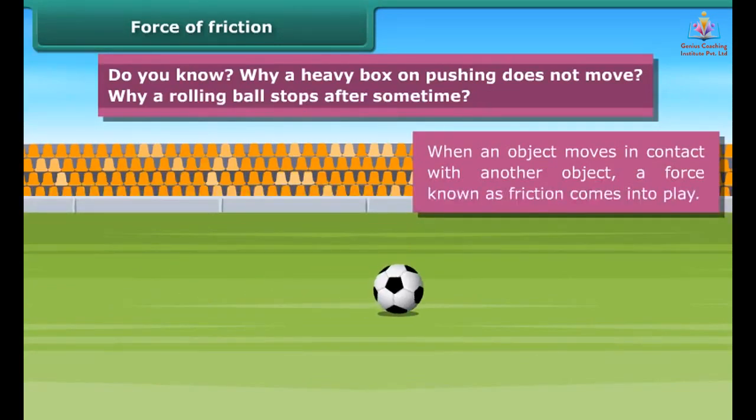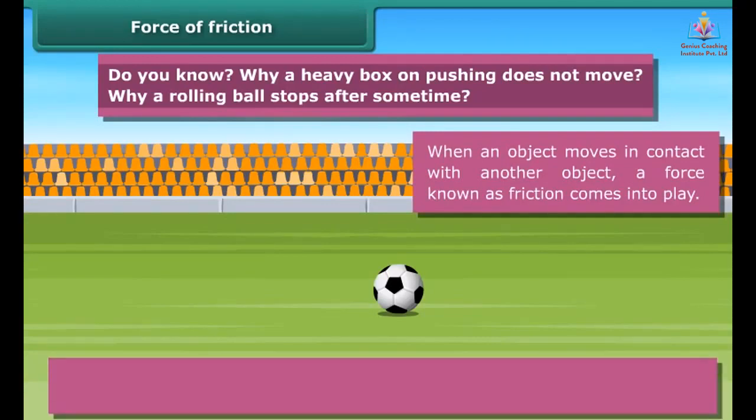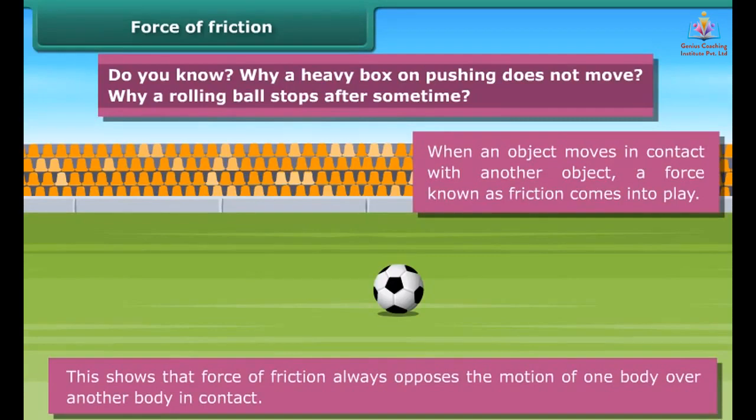Force of friction. Do you know why a heavy box on pushing does not move? Why a rolling ball stops after some time? When an object moves in contact with another object, a force known as friction comes into play.